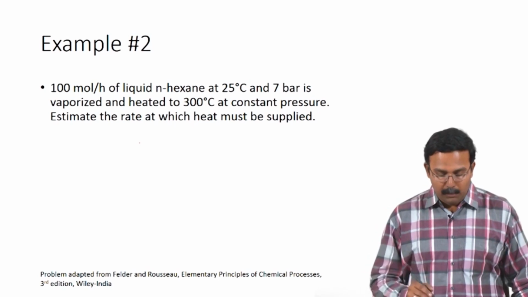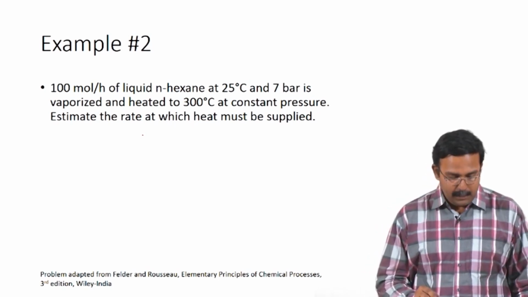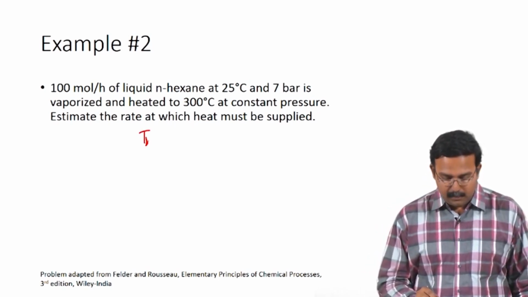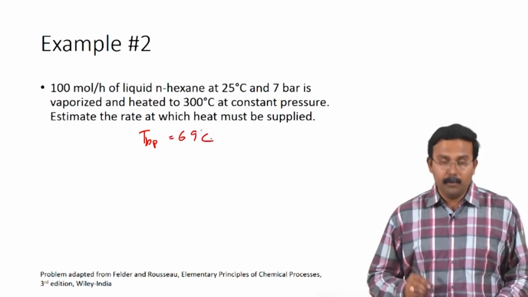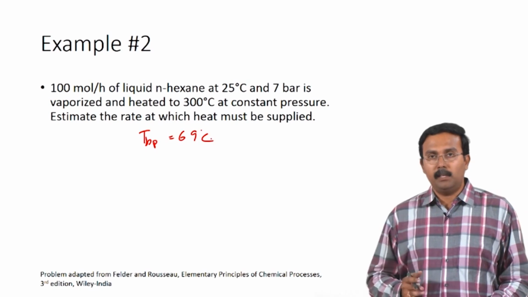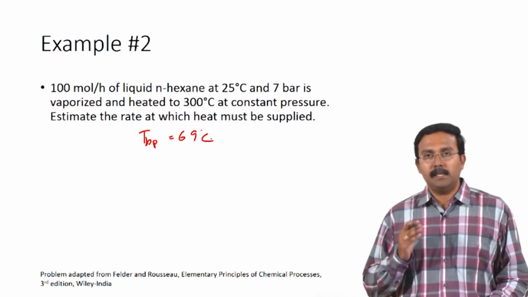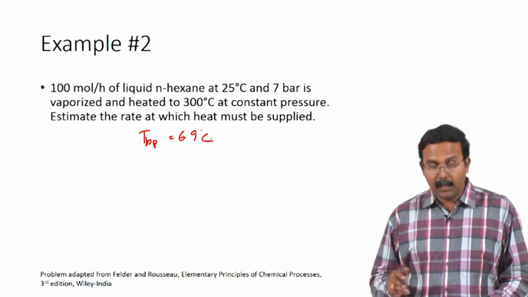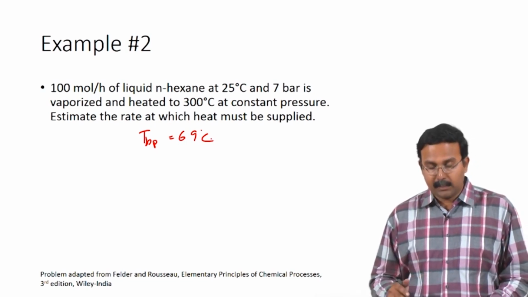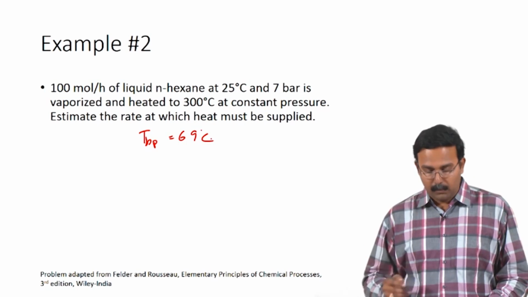The normal boiling point for N-hexane is 69 degrees Celsius. So, we would have to assume a hypothetical path where the phase change happens at this normal boiling point. So, the first step is to identify a hypothetical path which can be constructed to perform the calculations.